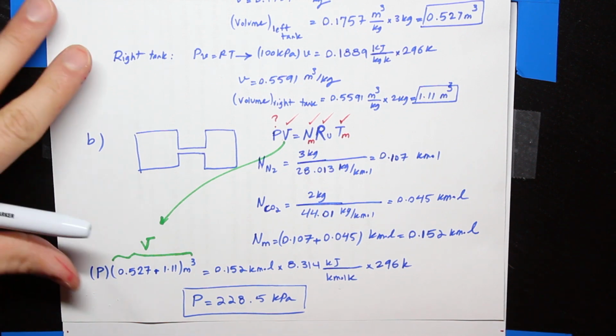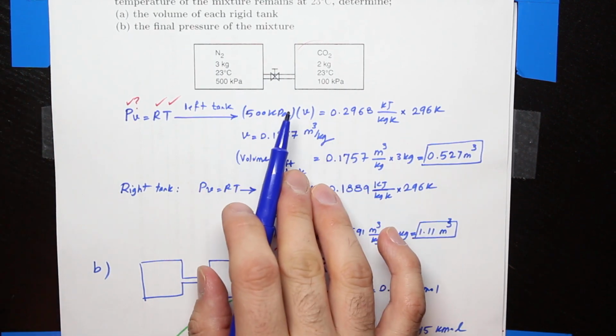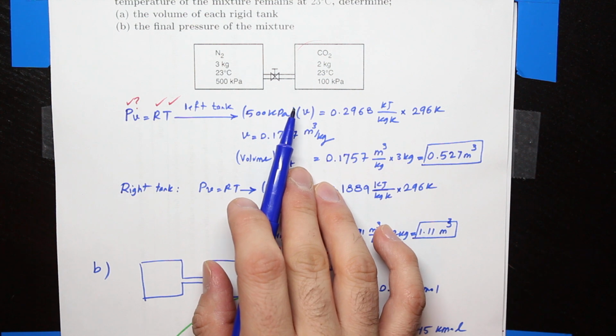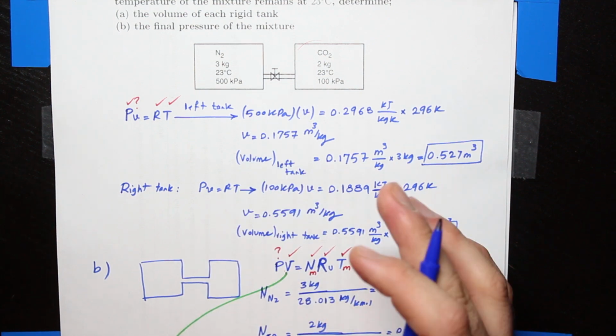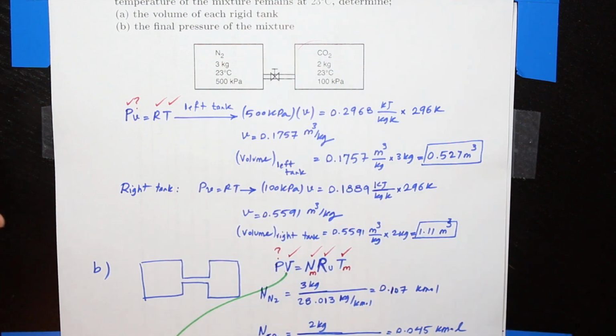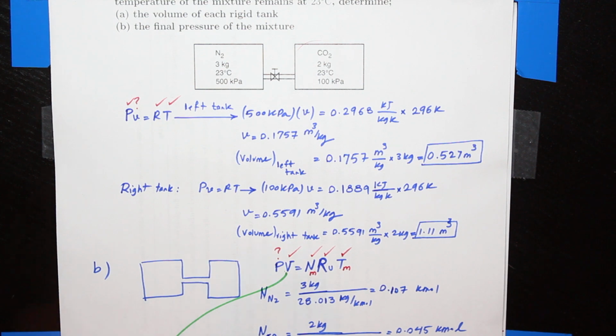As I said, this problem was concept-wise similar to the membrane problem we had. We had a rigid tank with a membrane between, and the membrane ruptured. So concept-wise, these two problems are exactly similar to each other.